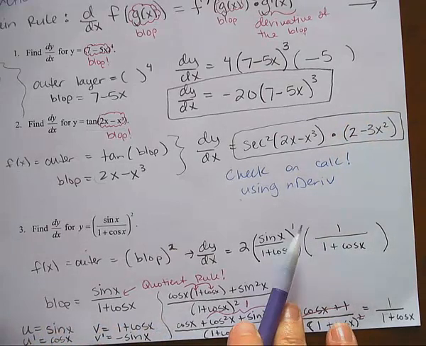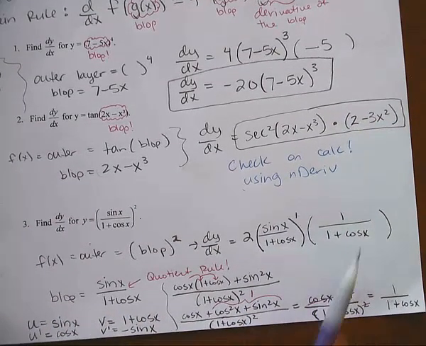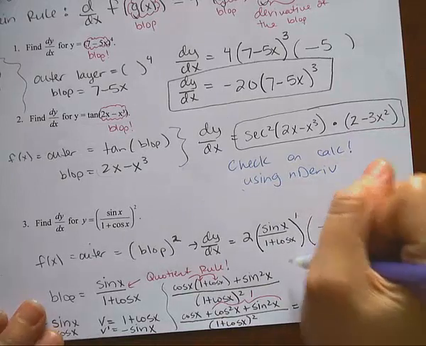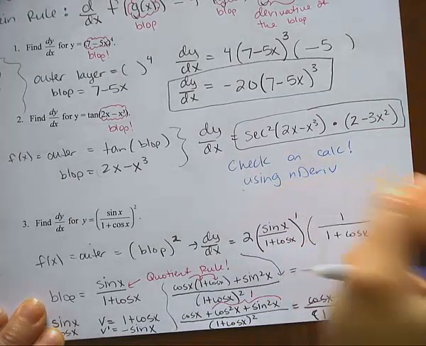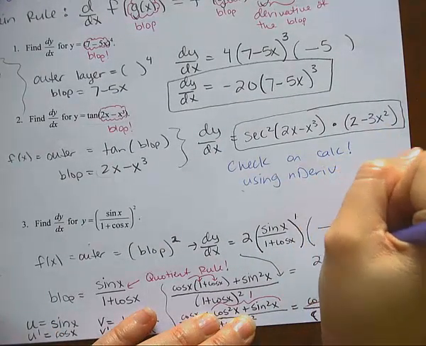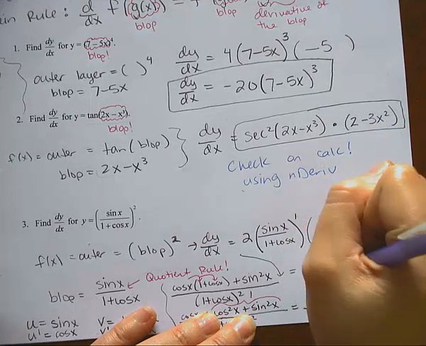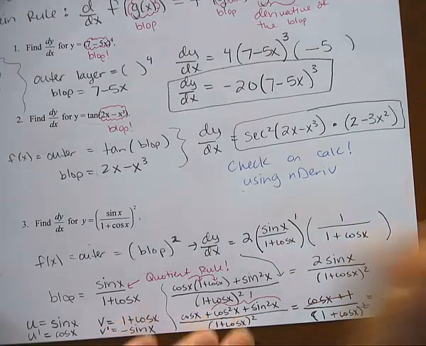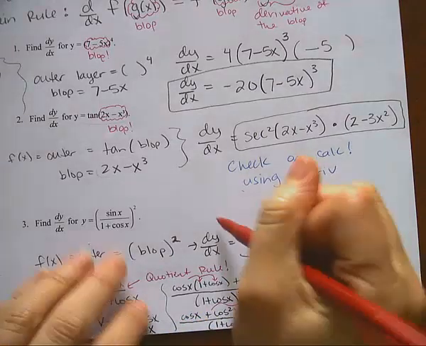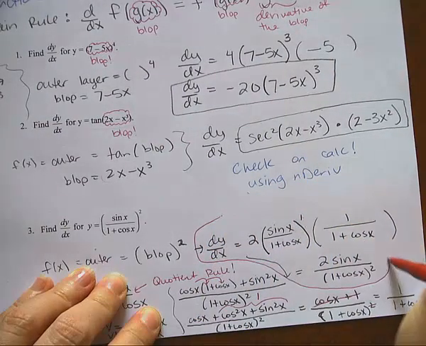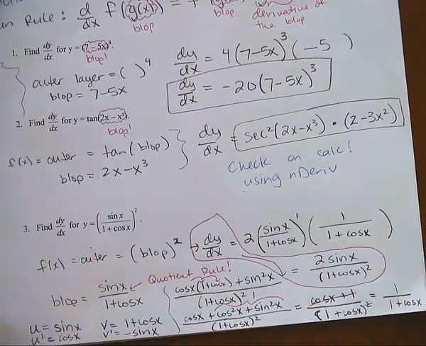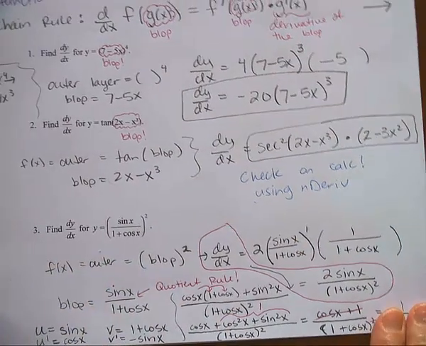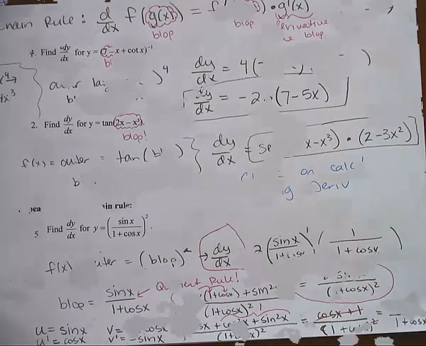And since this was to the first power, I can just go ahead and multiply straight across, so my final answer will be 2 sine x in the numerator all over 1 plus cosine x quantity squared. That is my final answer to this example. And as you can see, quite a challenging one at that.